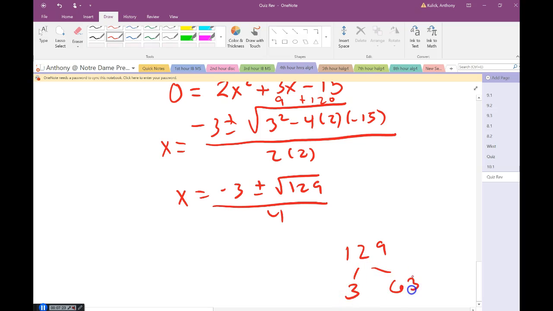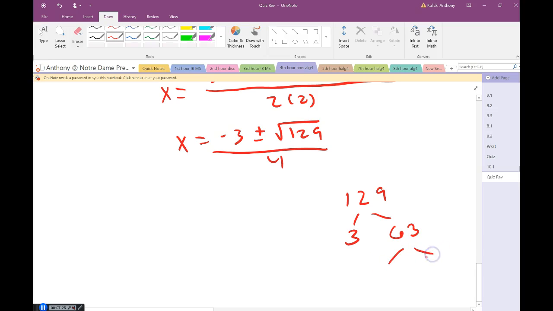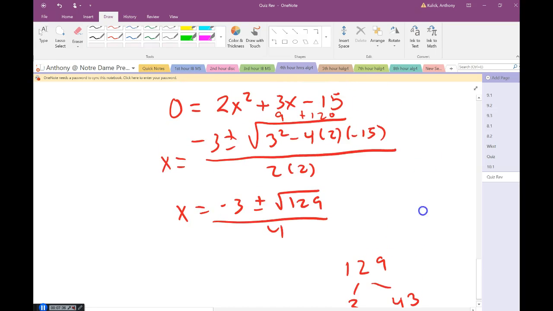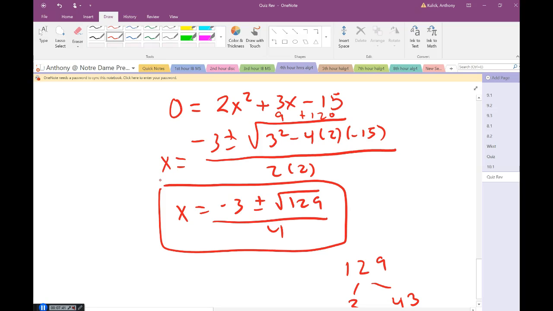That's 3 and 43, right? Yes. And that can't do any more reducing, so that's our final answer. And obviously neither one of those gives you a 0 denominator, so we would accept both the plus and the minus.